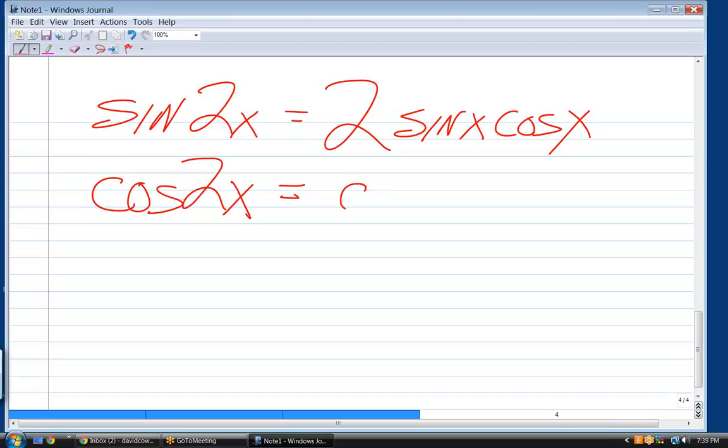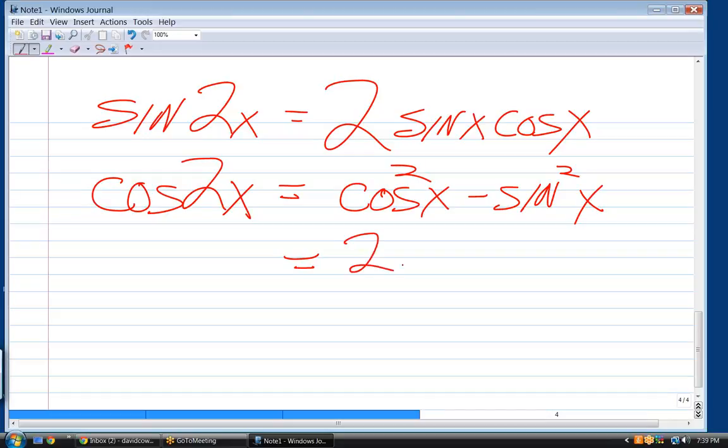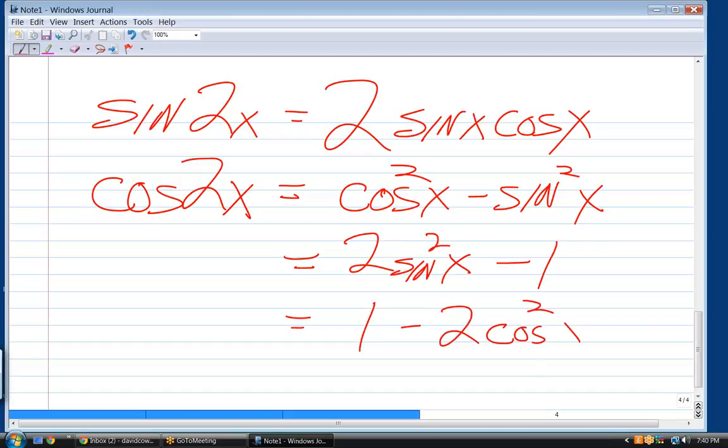Of the 3, one is a function of cosine and sine. The other is 2 sine squared x minus 1, I believe, and the third one is 1 minus 2 cosine squared x.